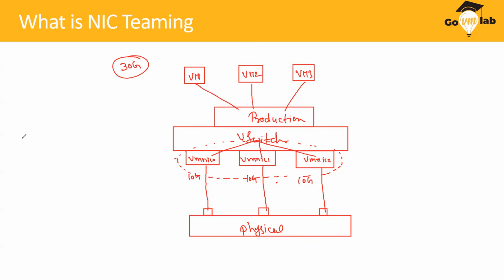So in this particular case, if VM1 is pumping some traffic, I can divert VM1 traffic to this uplink. If VM2 is sending traffic, I can send it to this uplink. And if VM3 is sending traffic, I can send it to this uplink. So the distribution is happening.